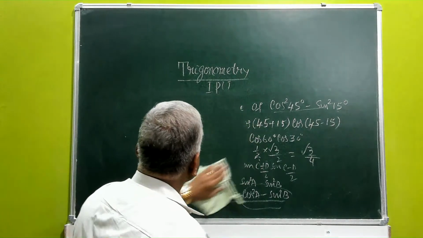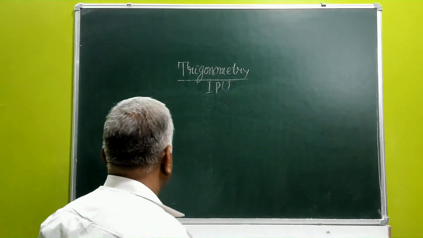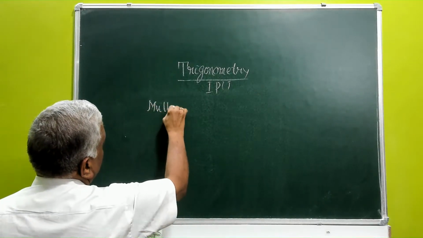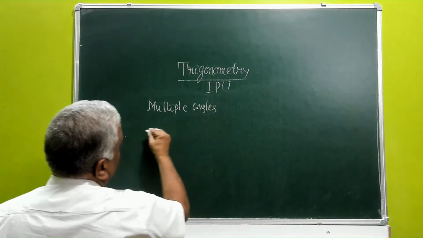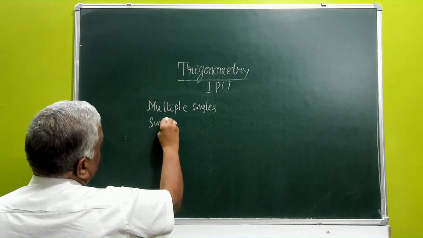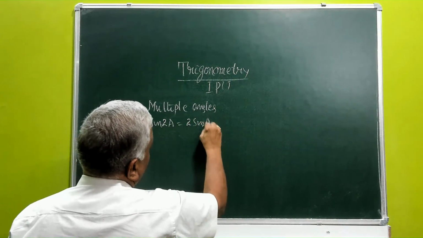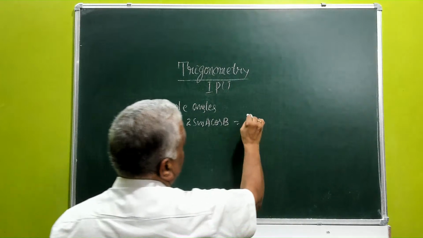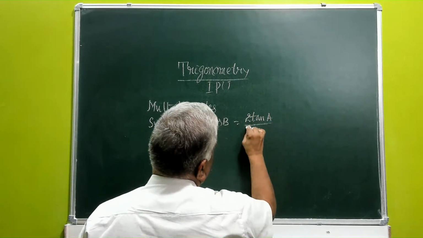After compound angles, what else is required in trigonometry is multiple angles. What are those? Sin 2a is 2 sin a cos a. That is also equal to 2 tan a over 1 plus tan square a.